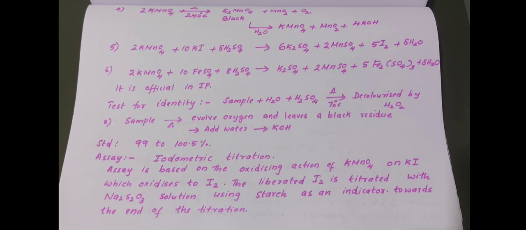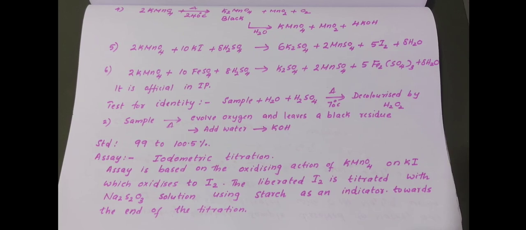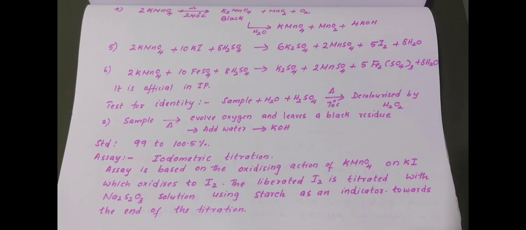Then in the second step, the black colored potassium manganate hydrolyzes. It will give potassium permanganate plus manganese dioxide plus 4KOH. So when potassium permanganate is heated, we get potassium manganate. Then potassium manganate again hydrolyzes, and we get potassium permanganate. Okay.